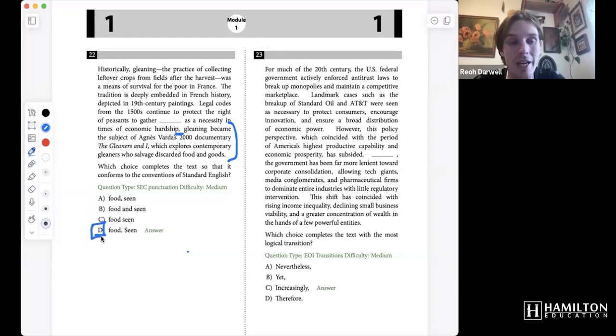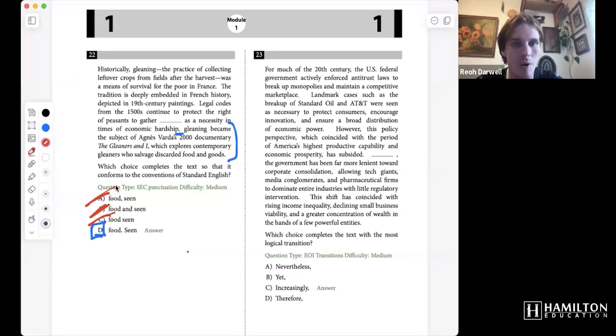You can't just combine it with the things preceding it. B is a run-on. C is a run-on. And A is a comma splice and a run-on. We need a period or a semicolon there to signify that we have a whole new unit, a whole new complex sentence coming after the word food, beginning with the word seen.